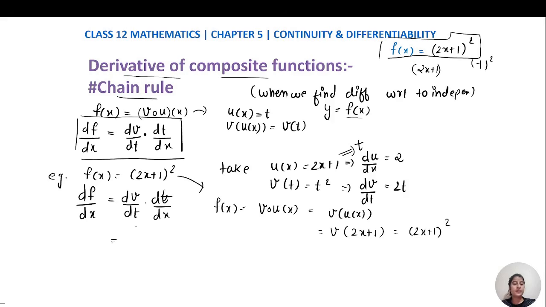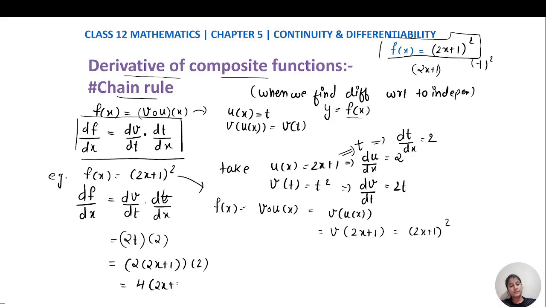So dv by dt is 2t, and dt by dx is 2. Just put in the values: t is 2x plus 1, multiplied by 2. So the derivative will be 4 times 2x plus 1.